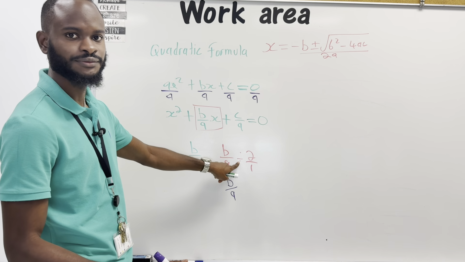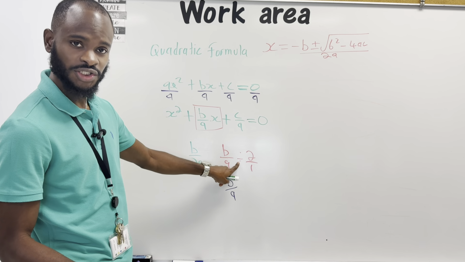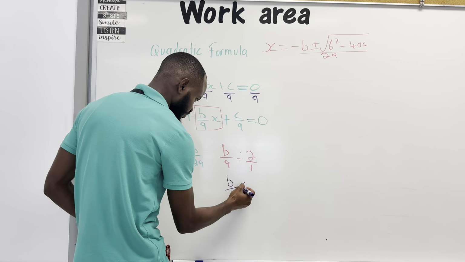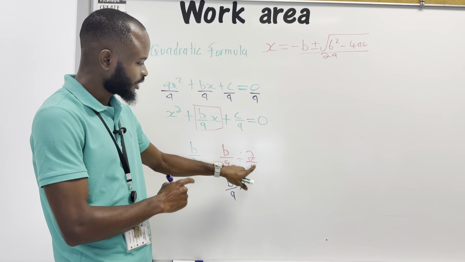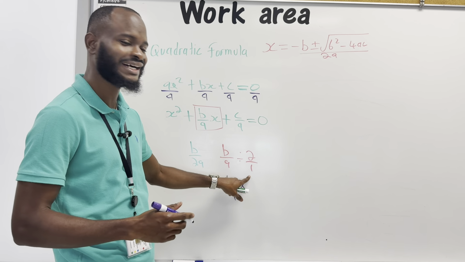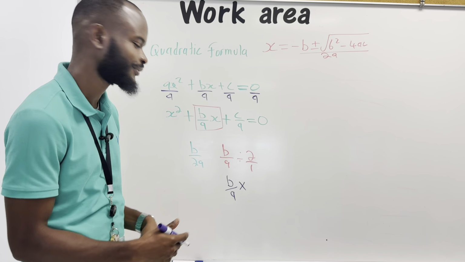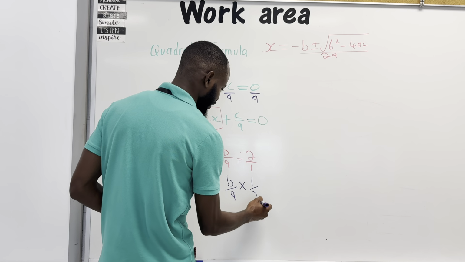We change the operator from division to multiplication, and we take the multiplicative inverse of 2 over 1, which is 1 over 2, or the reciprocal or the flip, whichever works for you, and that's 1 over 2, right?